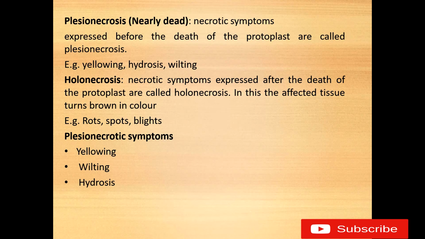When we continue like this, or when we are not watering the plants for a week or more, you can see that they are almost leading to death, they are wilting, and after that ultimately the plant dies. The plesionecrotic symptoms are yellowing, wilting, and sometimes hydrosis.